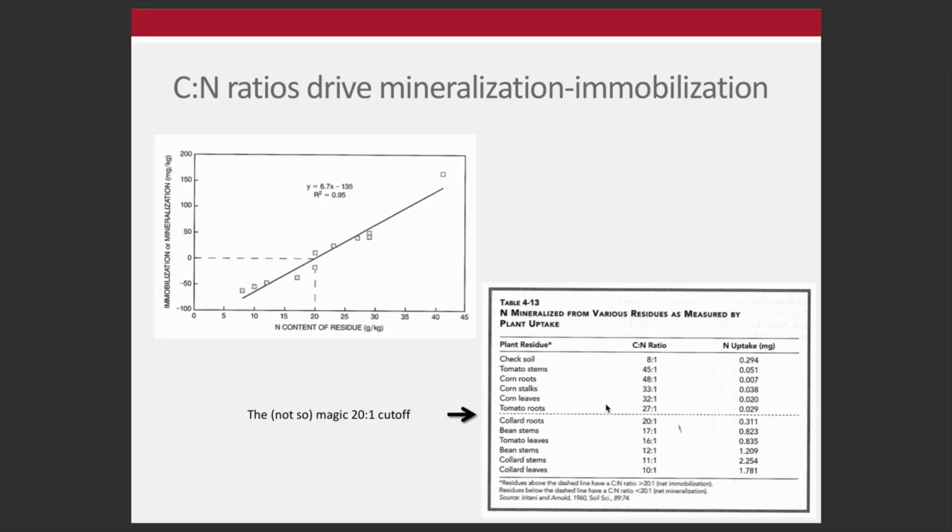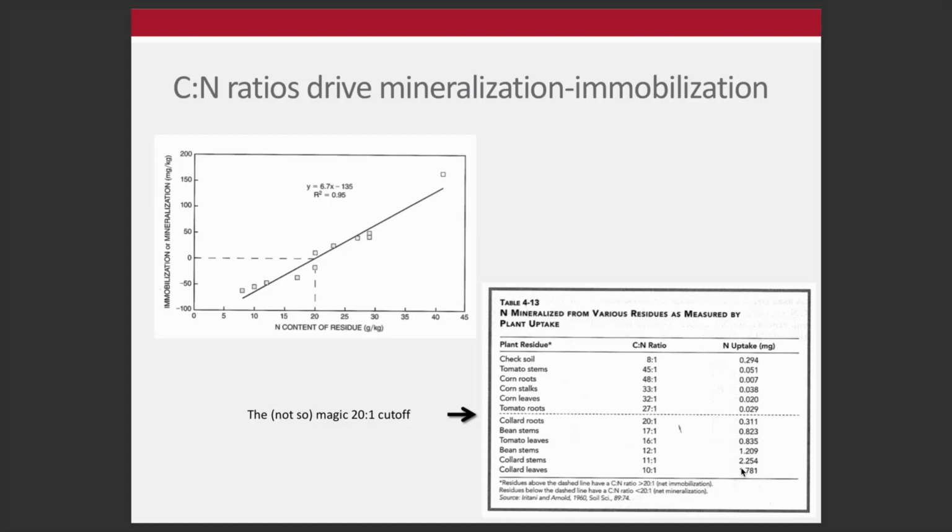Here are the different C to N ratios of various plant residues, and how much nitrogen is coming off in the measured plant. So things like collard roots, bean stems, tomato leaves, beans, with these respective C to N ratios, we're able to release nitrogen, mineralize nitrogen, and plants took those up.